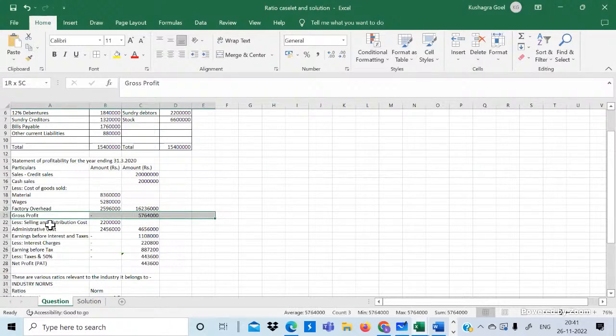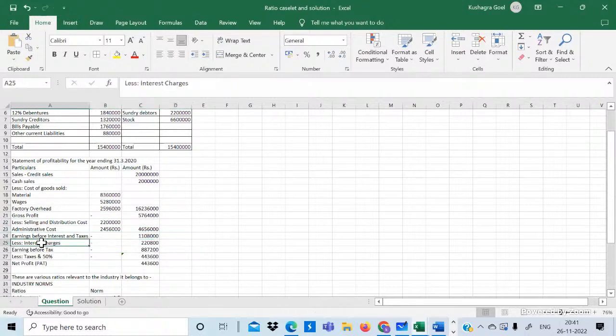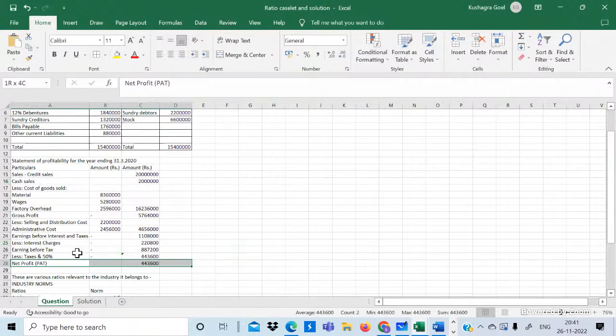Then you reduce your other costs, which is selling and distribution cost, admin cost. Finally, what you get is EBIT. So you got an EBIT of 11 lakh 8,000. Reduce your interest, get your PBT. Tax rate is given as 50%. You'll get your profit after tax. Any doubt with the data that's given in the question? They've given you the balance sheet and the income statement.